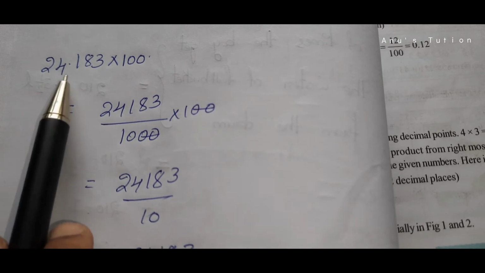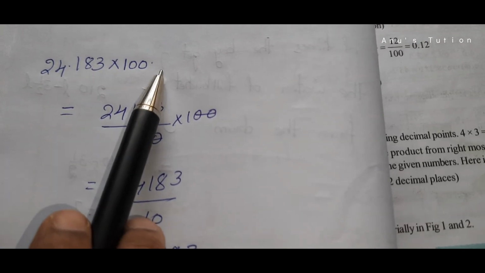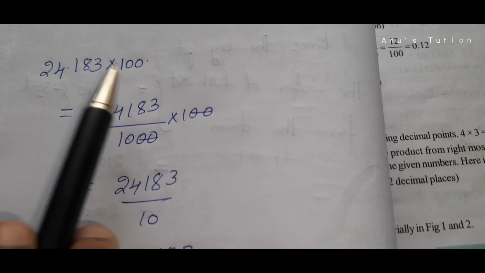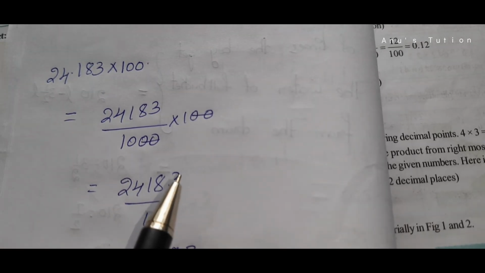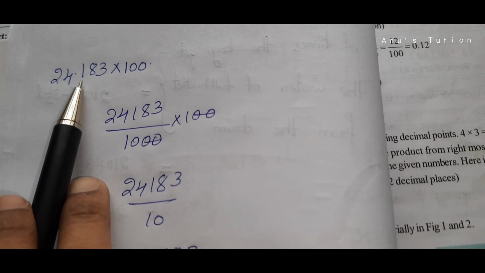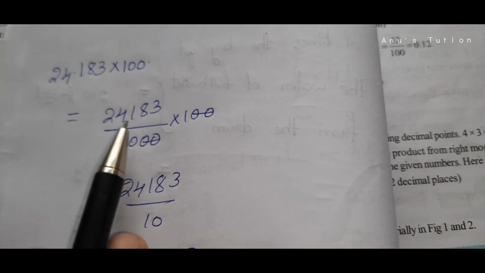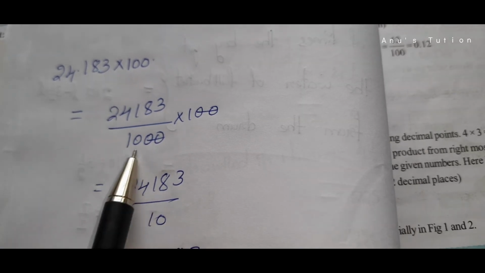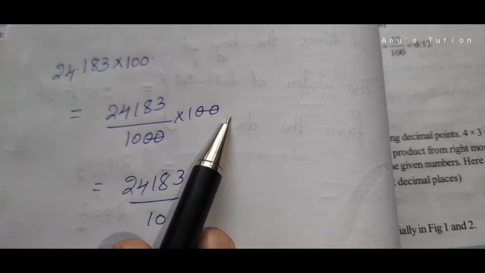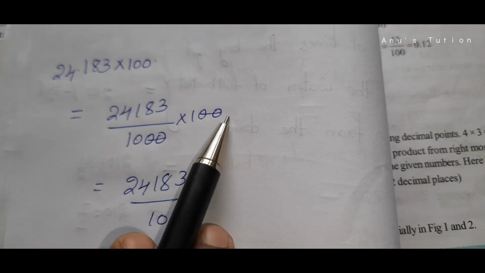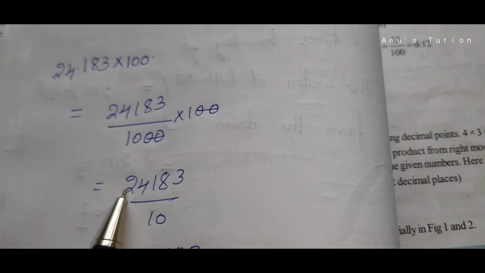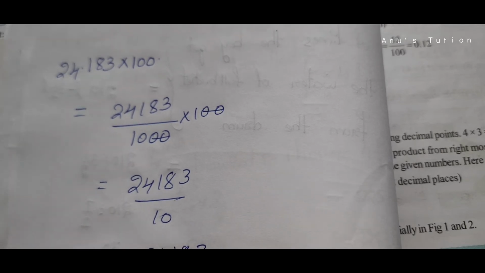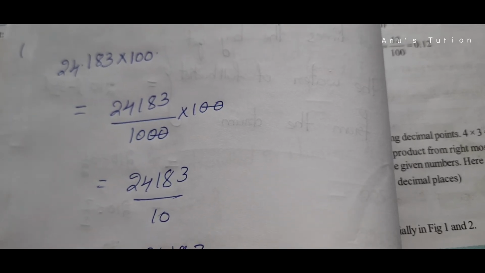After multiplying this decimal number by 100, what will we get? Now changing the decimal number into a fraction, 24183 by 1000 into 100. Here 2 zeros are cancelled. Next 24183 by 10. Now I am changing this fraction into a decimal number.